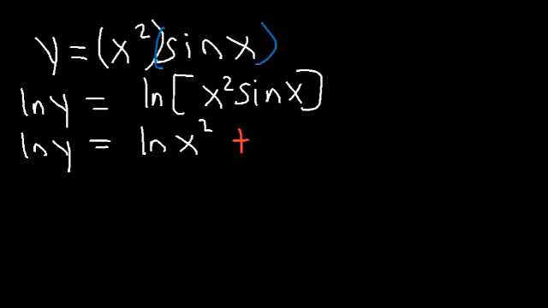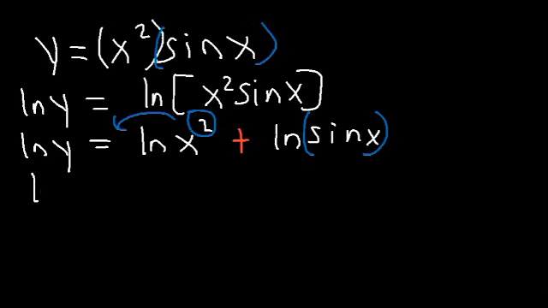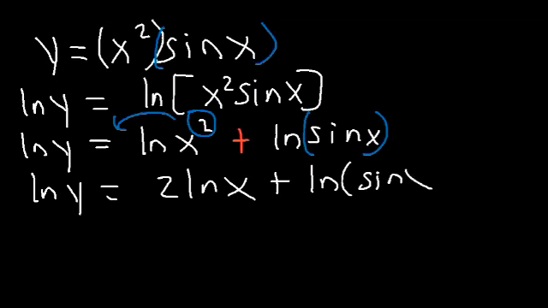So it's ln x squared plus ln sine x. Now, if we want to, we can take the 2 from ln x squared and move it to the front. So this is ln y, which is equal to 2 ln x plus ln sine x. So now we could find the first derivative of both sides. The derivative of ln y is 1 over y dy dx.